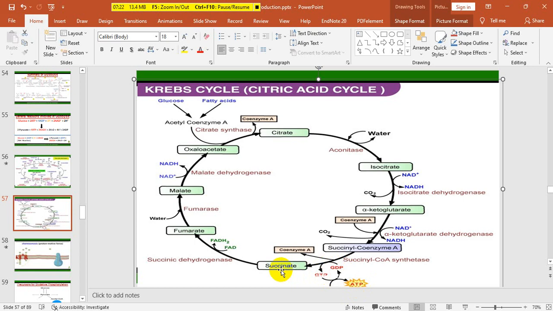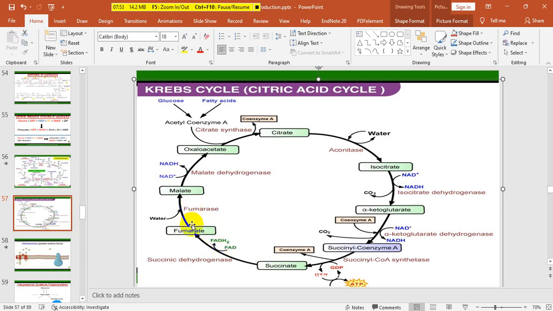Then succinate is further oxidized by the removal of two hydrogens or two protons to produce fumarate. So we can see the coenzyme FAD removes two protons from succinate, catalyzed by succinic dehydrogenase, so that we have FADH2, reduced flavin adenine dinucleotide.